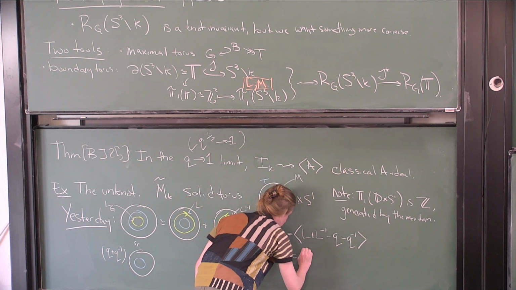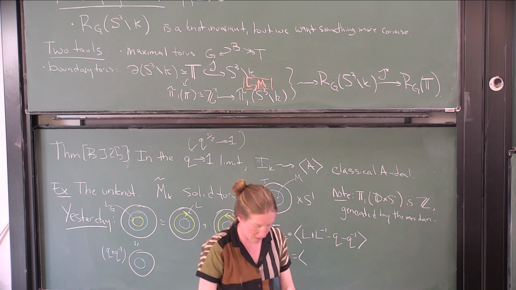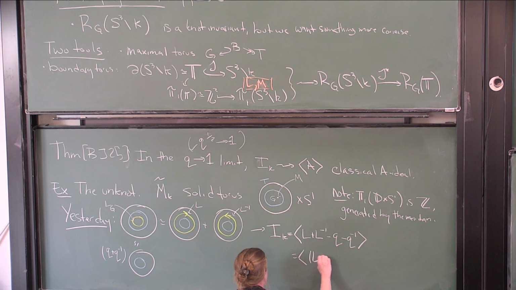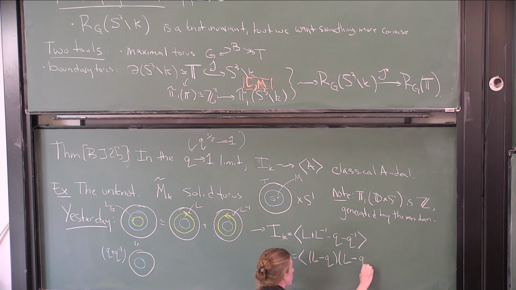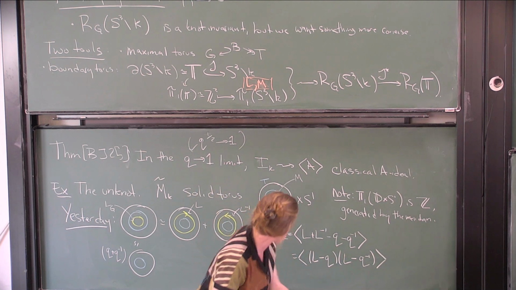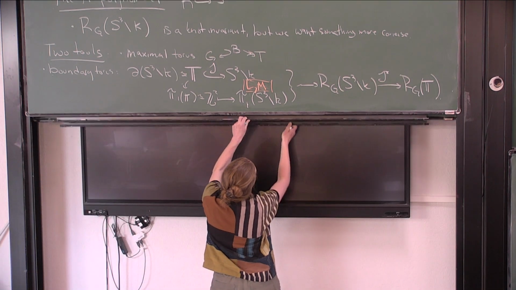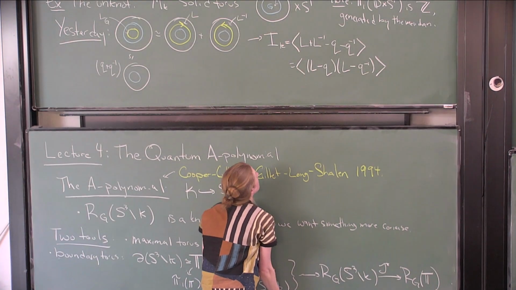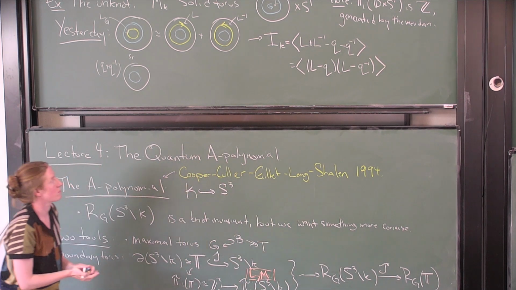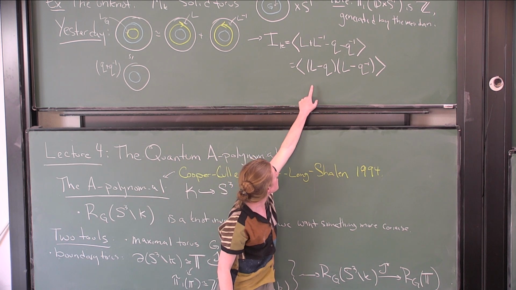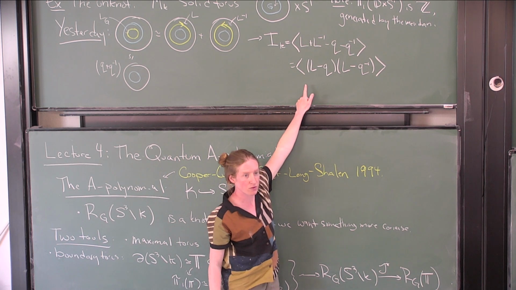I can multiply through by L and factor it, and this will just be L minus Q times L minus Q inverse. So you see, when I take the classical limit, what I'm going to get is L minus 1 squared.